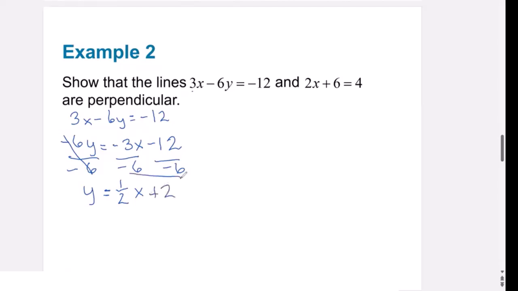So there's one equation, and I know the slope for this one is equal to 1/2. So what should the slope of the other one be? I'm not going to answer it yet. I want you to think about it. I promise I'll answer before we're done. And then we'll do the same thing to the other side.